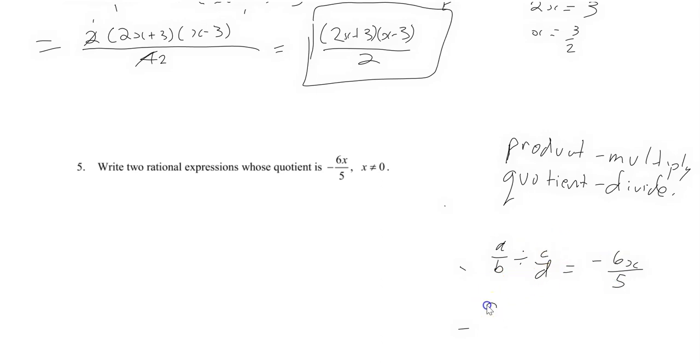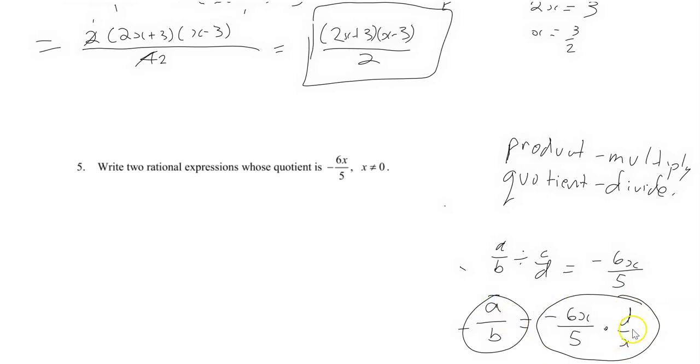So if that's dividing, then if we multiply both sides by the reciprocal, d over c, then if you take this expression and divide it by d over c, you would end up with this. So as long as these work.